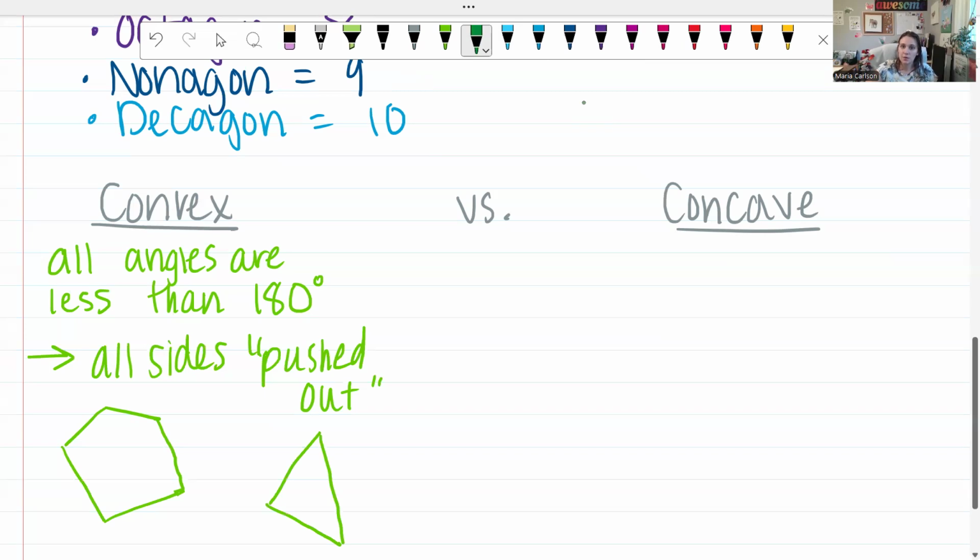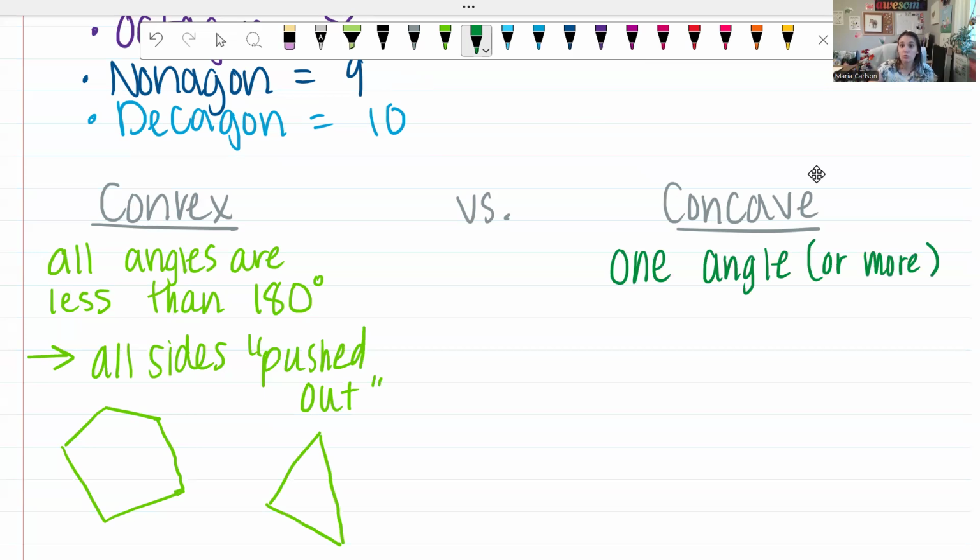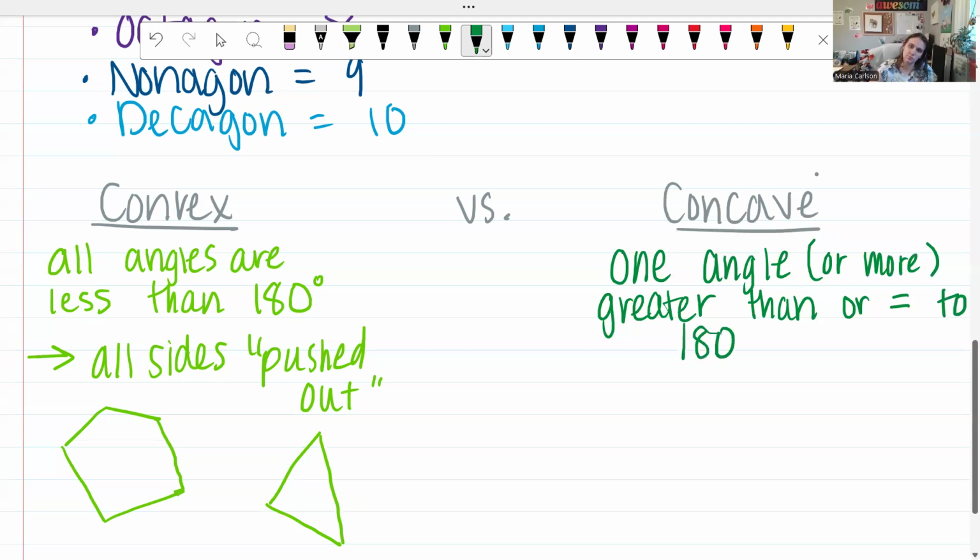Concave means that one angle or more is greater than or equal to 180 degrees.